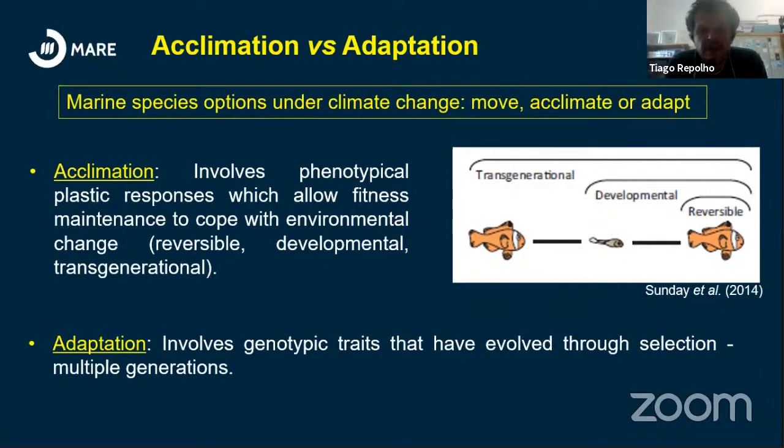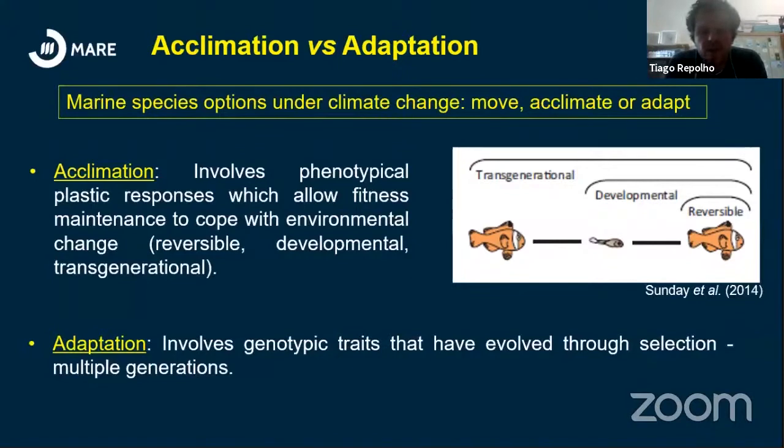So, as you can see, the acclimation processes involve phenotypic plastic responses, which allow fitness maintenance to cope with environmental change. And they come in three kinds: reversible, developmental, and transgenerational. Reversible is when it occurs within a life stage, and it can span from days to weeks or even months.